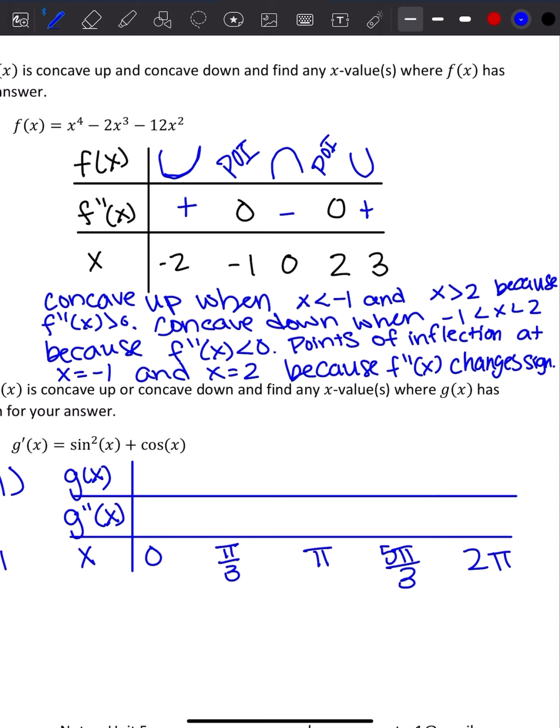We need to pick some values in between because all of these are 0. In between these two values is going to be a couple different values.